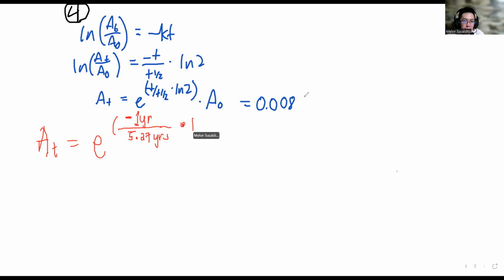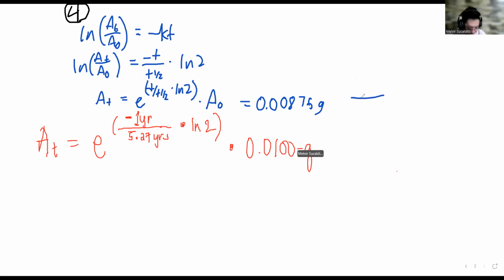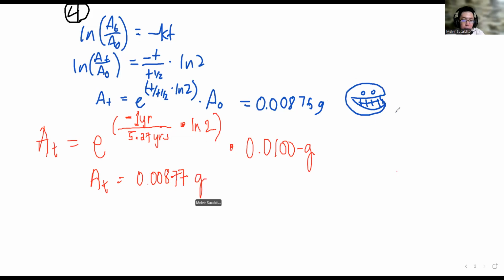Then times ln 2, then times A0. Your A0 is 0.0100 gram. Okay, we got it. We're the same now. So, you should have a remaining of 0.00877 gram of cobalt 60. Okay, so this should be the answer.